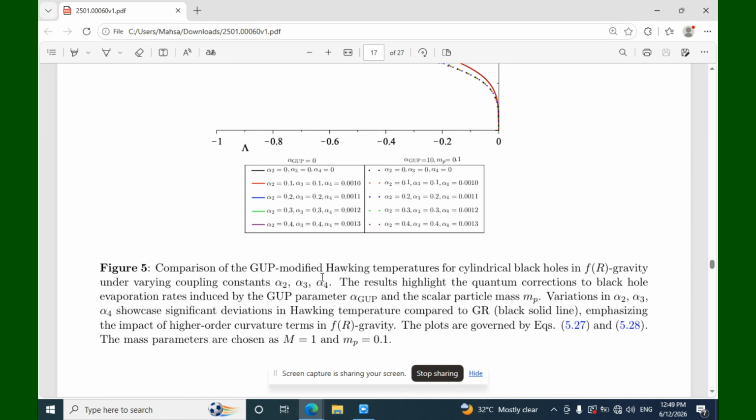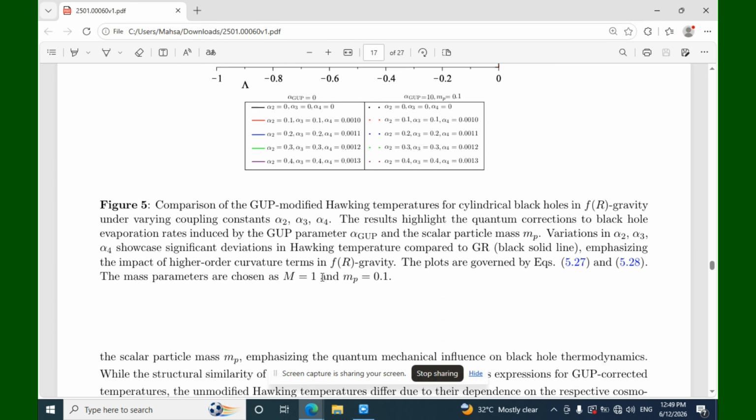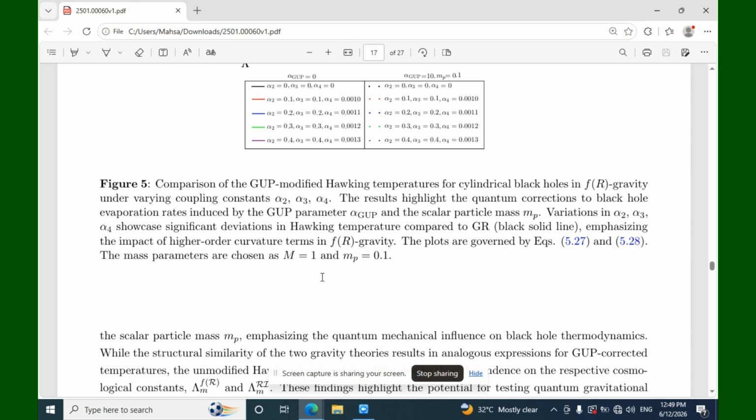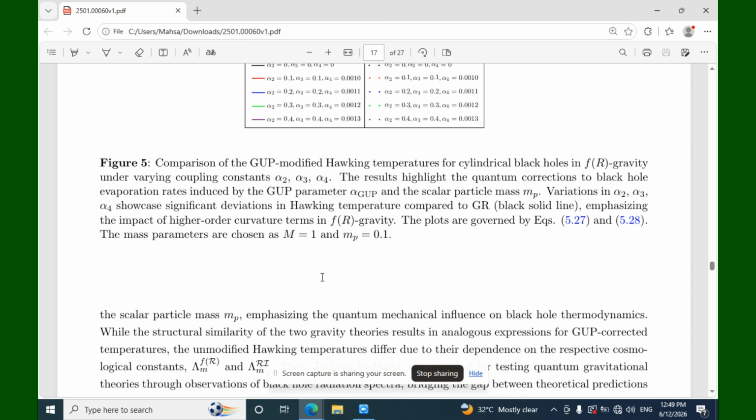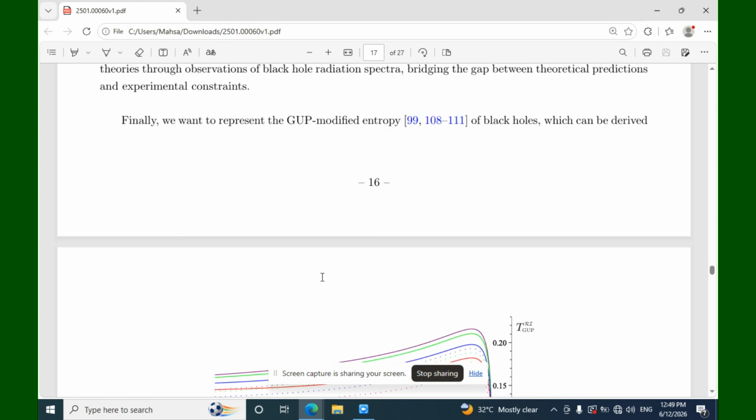Variations in alpha 2, alpha 3, alpha 4 showcase significant deviation in Hawking temperature compared to general relativity, the black solid line, emphasizing the impact of higher order curvature terms in FR gravity. The plots are governed by equations 5.27 and 5.28. The mass parameters are chosen as m equal to 1 and MP equal to 0.1.